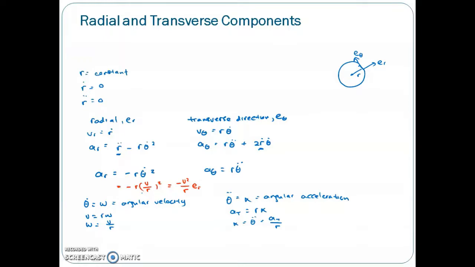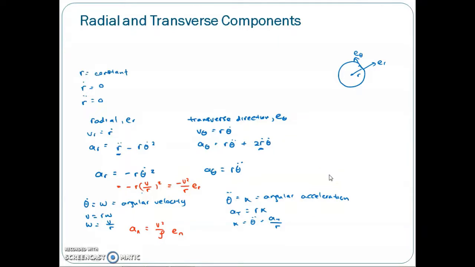And you can actually see that it is similar to what we derived previously in tangential and normal components. In this case, it is similar to the normal acceleration, which equals v squared over rho in the normal direction. The only difference is the negative sign.